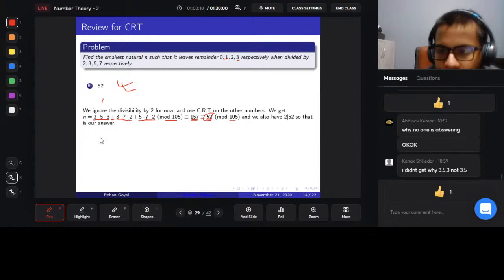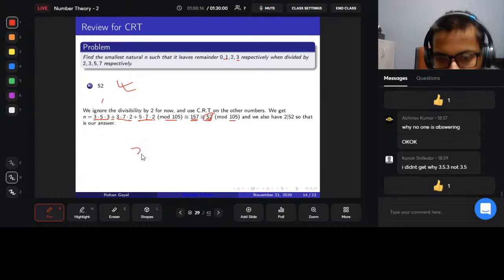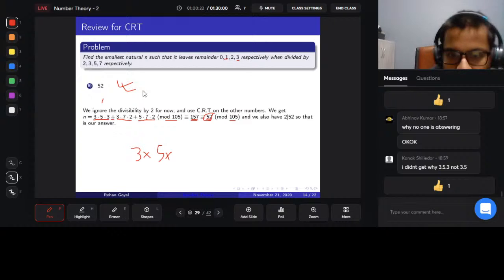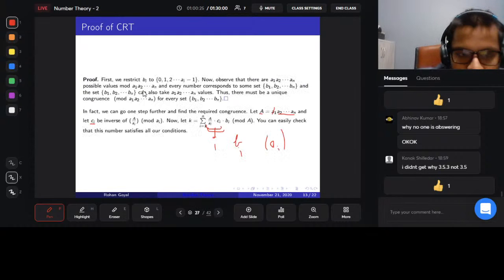First we did 3 into 5. We found our inverse is 1. So we did 3 into 5 into 1. Now we want this to be congruent to 3 mod 7. Remember that what we were doing in Chinese remainder theorem was a upon ai, which is 3 into 5, into its inverse, which is 1, and then bi.